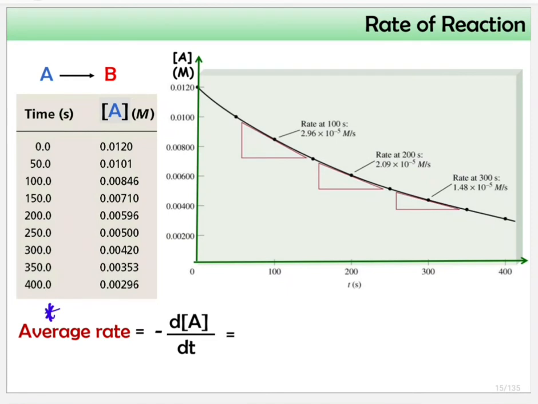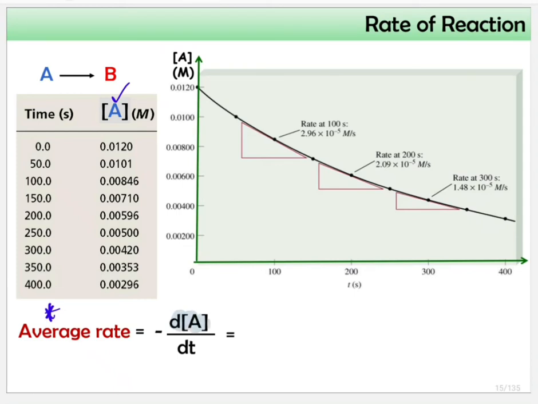Jadi macam mana? So, we know that the average rate is the rate of reaction over a period of time. So, let's say kita nak cari untuk A. So, dA over dt. Jadi, dA, kalau masih ingat tadi, saya dah mention, ini adalah change in concentration of A.